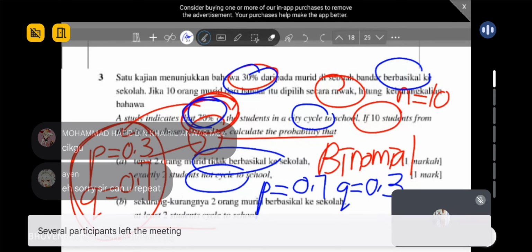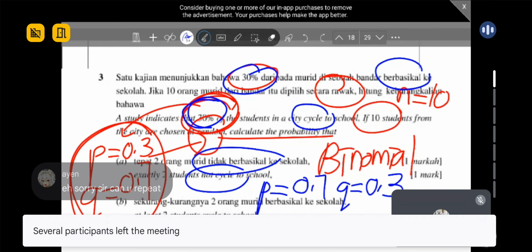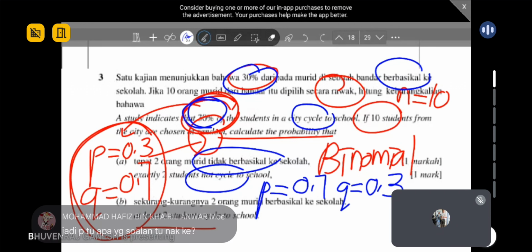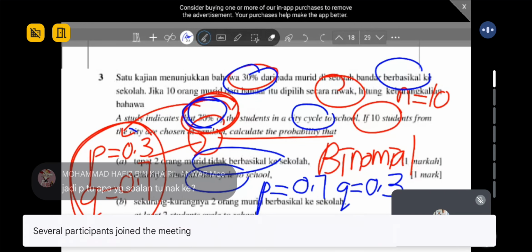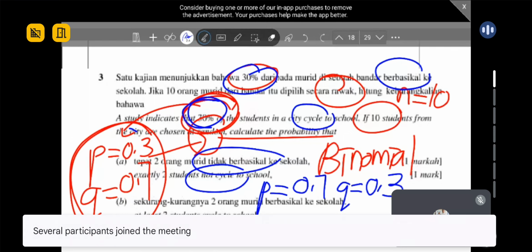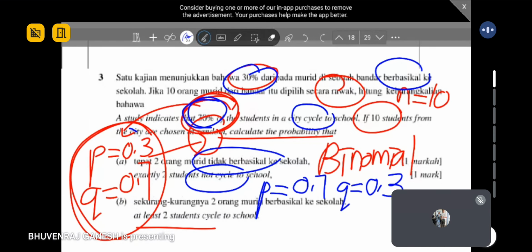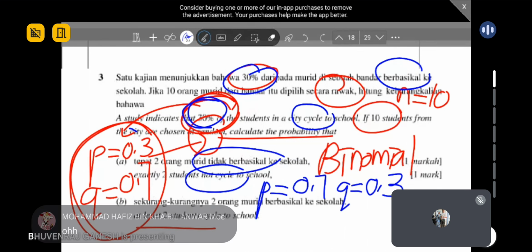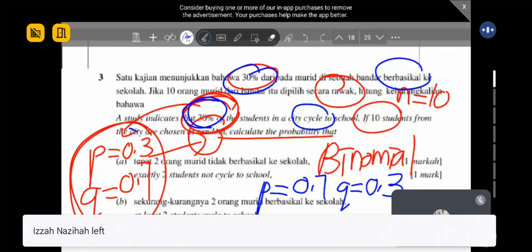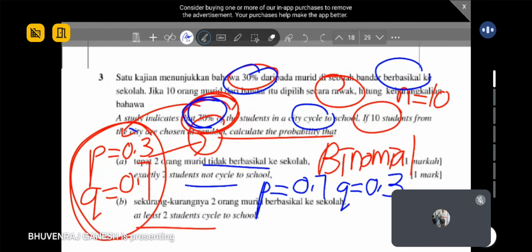Yes? Which part? A. Okay. So what I meant is this. Jadi p tu apa yang soalan tu nak? p tu sebenarnya secara am mewakili kebarangkalian kejayaan. Itu kamu belajar kan dalam buku teks. Okay, p is probability of success. Tapi soalan A ni, dia tak merujuk kepada kejayaan.